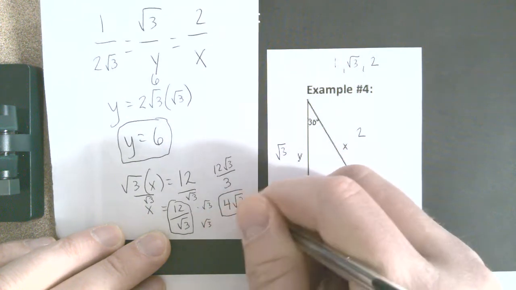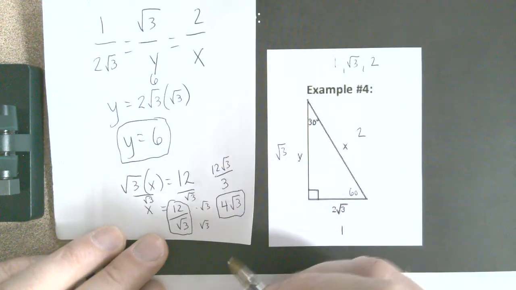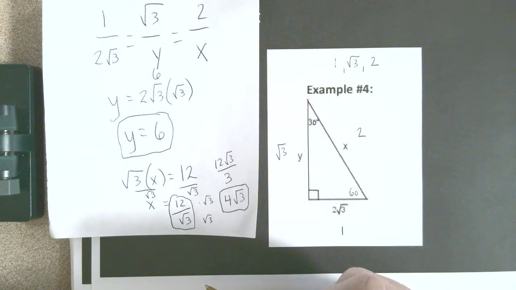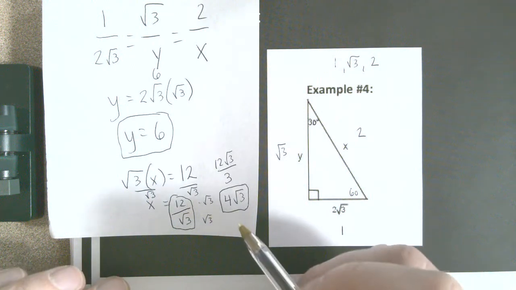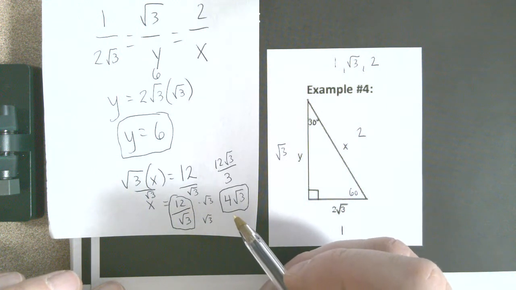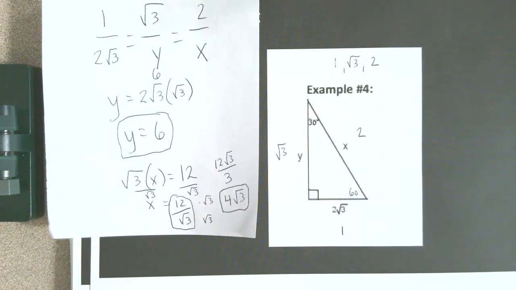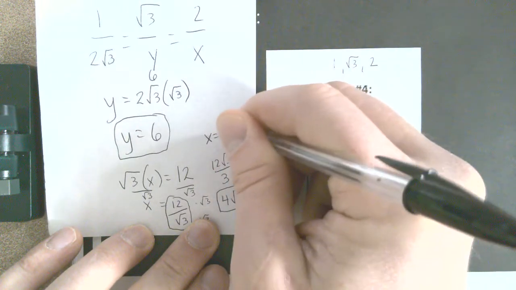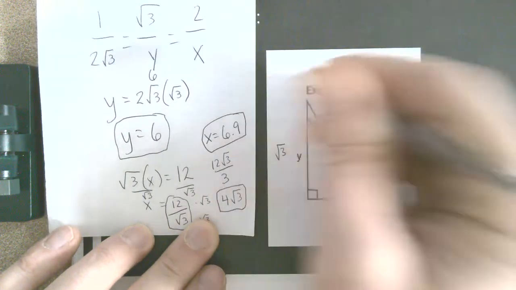So probably the most reduced answer would be 4 radical 3 for that one. But again, if the radical's on the bottom, I'm not making you simplify that. If I did 4 radical 3 in my calculator and changed it to a decimal, I would get approximately 6.9. So that would be another acceptable answer for that one.